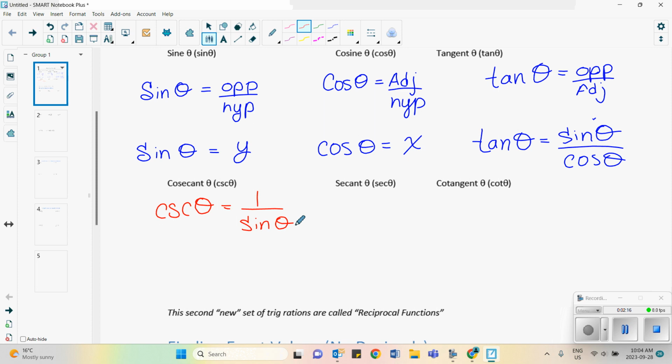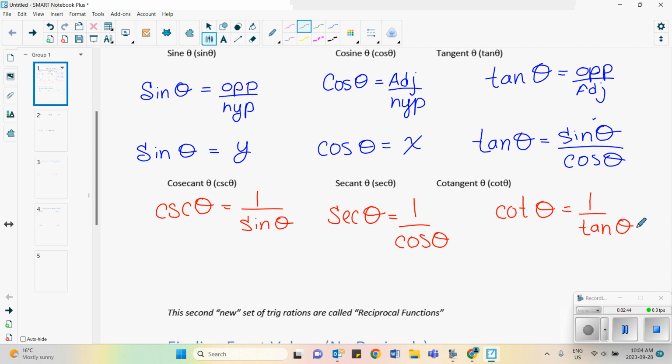Anybody want to take a guess what secant is? Reciprocal function of cosine. So, secant theta is the reciprocal function of cos theta. And cotangent, not a huge shocker, is the reciprocal function of tan.